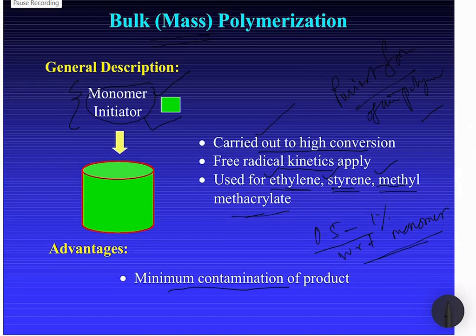So you can just ignore the amount of initiator present along with the monomer in the system, and that way at the end product, you are only having the polymer with ignorable percentage of initiator. So that way, the bulk polymerization produces the purest form of the polymer.